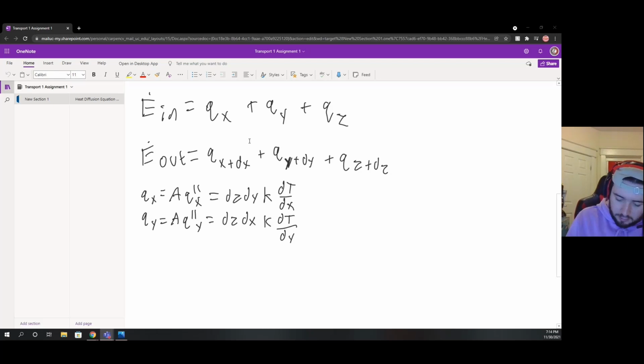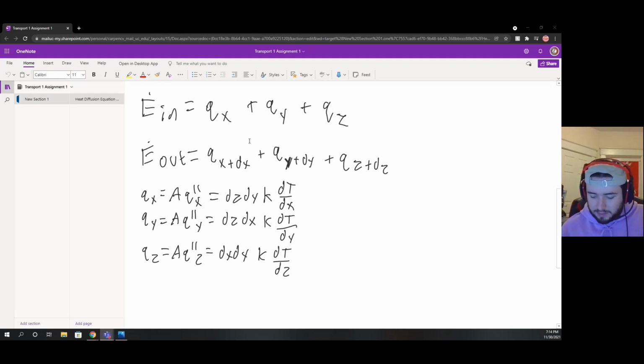For our heat flow in the z direction, it's our area times the heat flux of z, and the plane which the heat flow in the z direction flows through is dx dy, times the thermal conductivity times the change in temperature over change in distance. So that's the energy in values broken down.